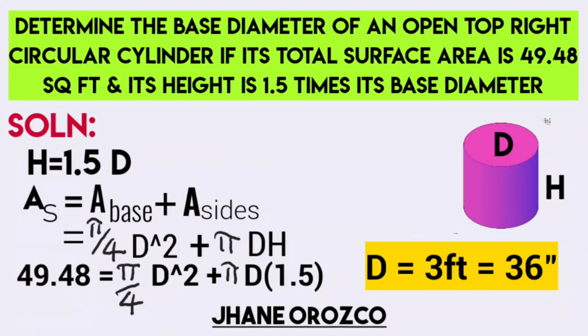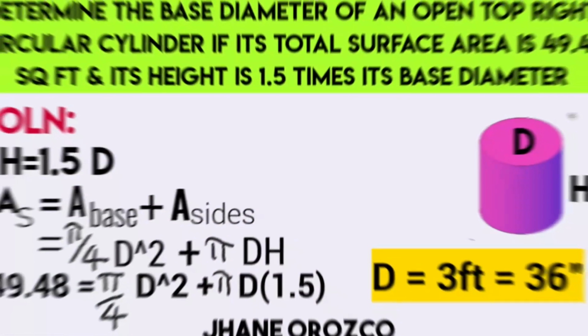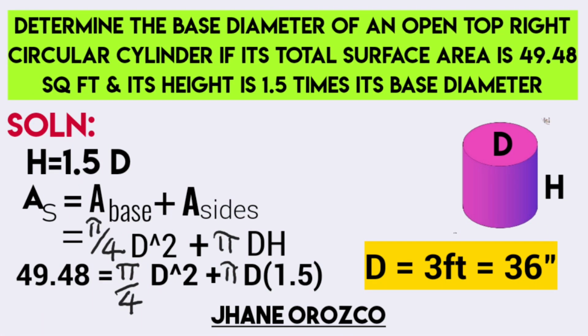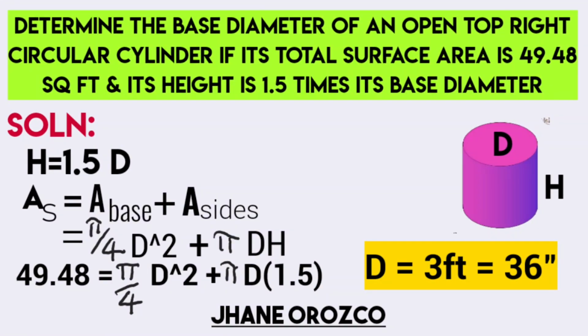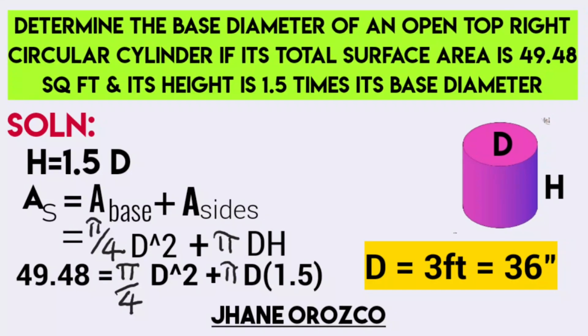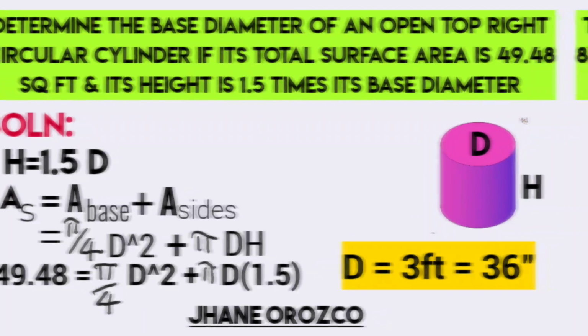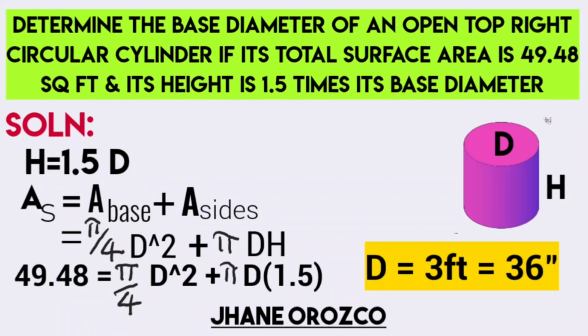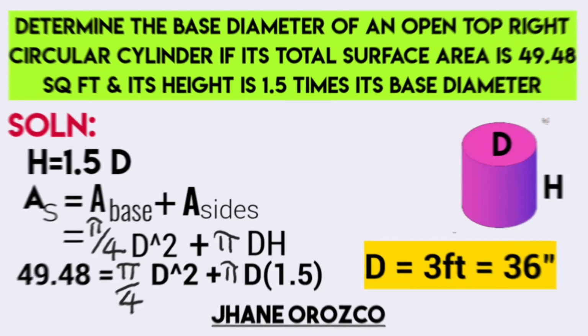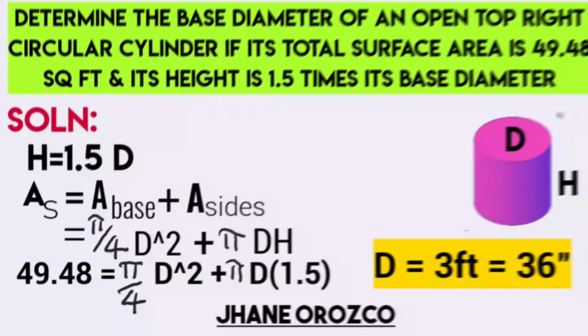And of course, the value of pi is equal to 3.14. Then, simplifying this one, d is therefore equal to 3 feet, which is equal to 36 inches. This is what we're looking for, the diameter of an open-top right circular cylinder. And nobody got the correct answer.